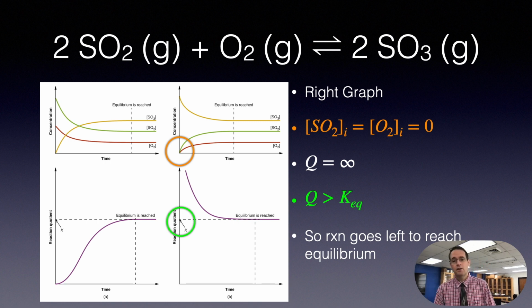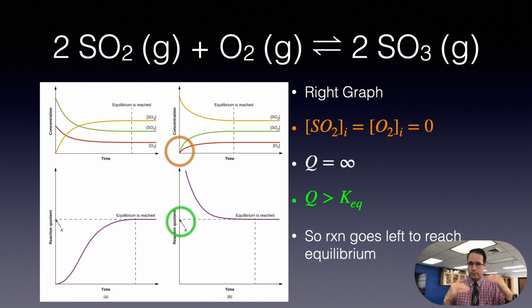Well, the reaction is going to go left to reach equilibrium because you don't have any reactants, okay? So if you look at the chemicals on the left side of this equilibrium, they start at 0, but then they gradually increase in concentration, okay? And if you look at the SO3 concentration, it starts out high and it gradually lowers, okay?